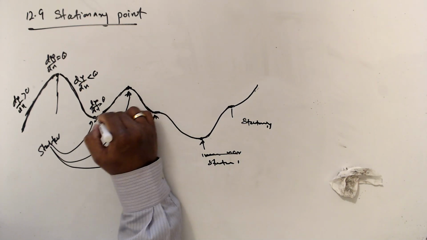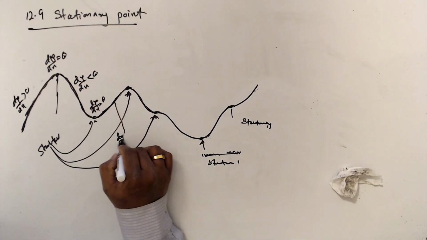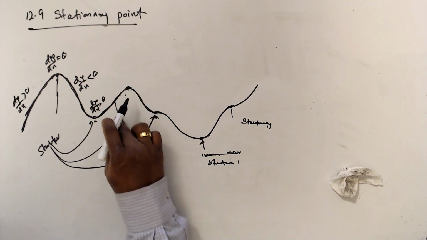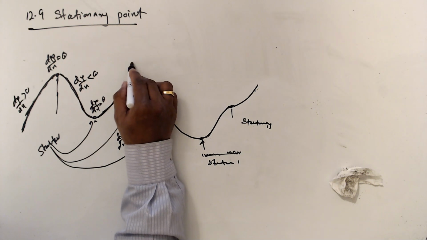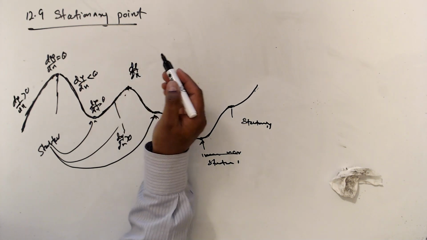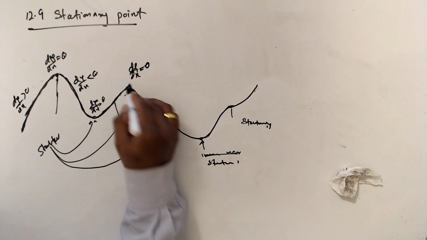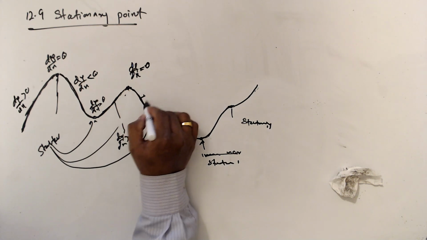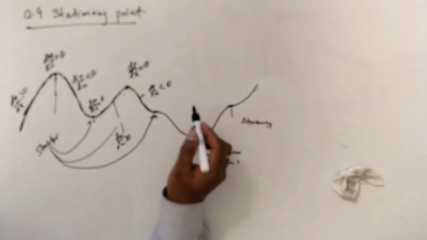And again from here to here it is increasing, so dy/dx is greater than 0. When it comes to here, again stationary, neither increasing nor decreasing. So what should the value be? 0. dy/dx is 0. And again here it is decreasing, dy/dx is less than 0.